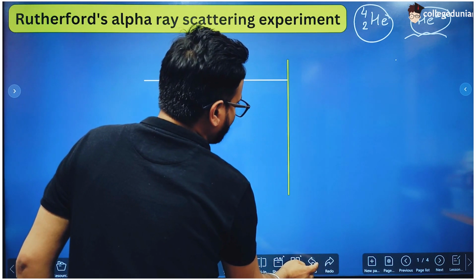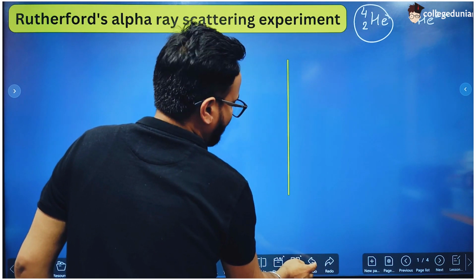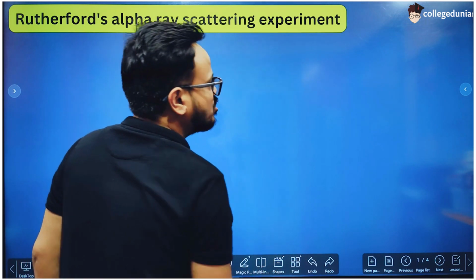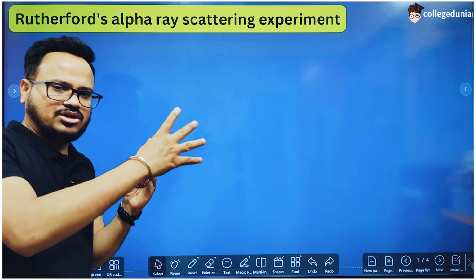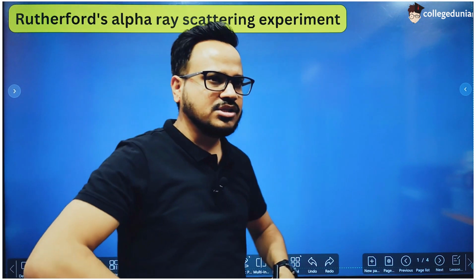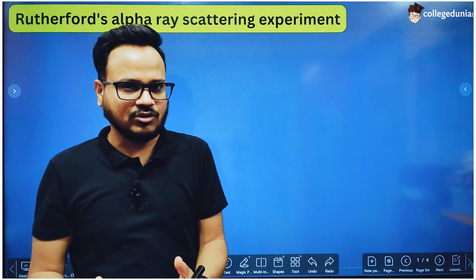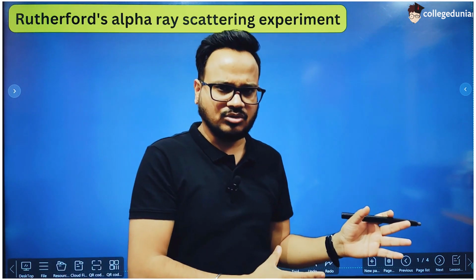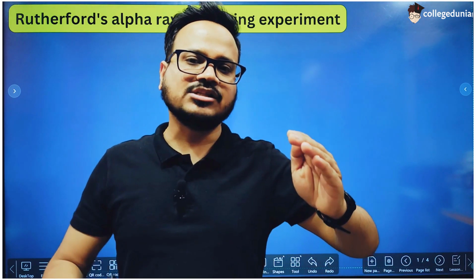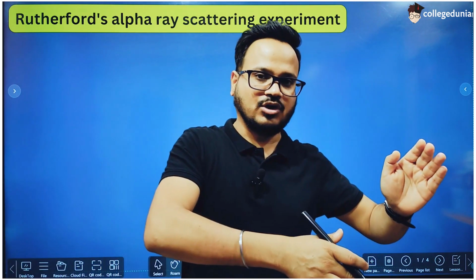He saw that most of the alpha particles went straight through the gold foil, which was very shocking. Most means about 90% of the alpha particles went straight through. There was no deflection in their path when they were observed on the other side of the gold foil.